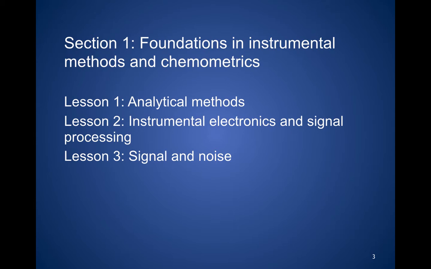And also, we're going to cover the instrumental electronics because behind the HPLC technique, like what we have seen in the previous slide, we need to know the electronics behind it, and also how we process the signal coming out from this instrument. And also talking about signal, there's also noise embedded with it, so we want to get rid of that noise. Otherwise, we would have no good signal.